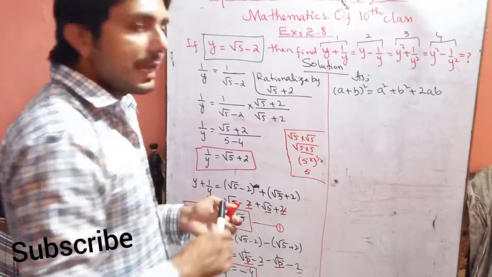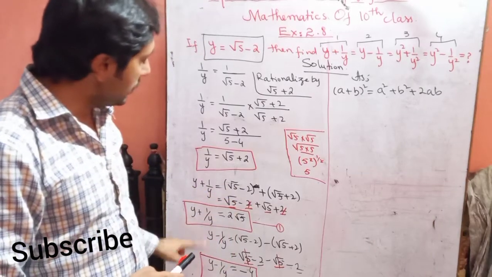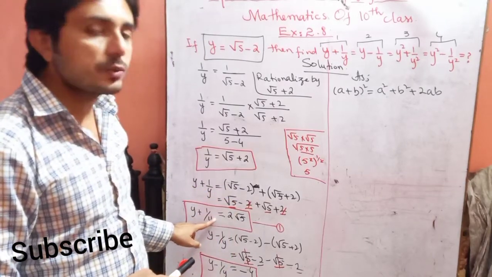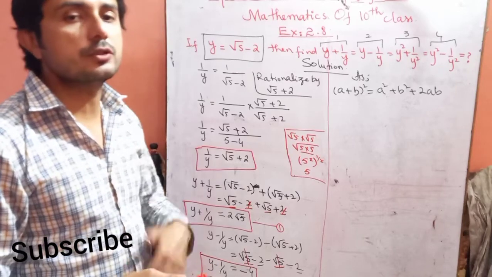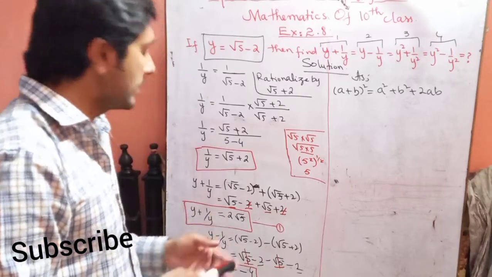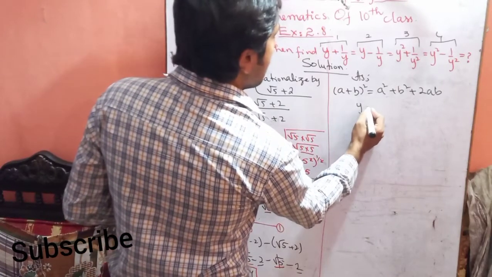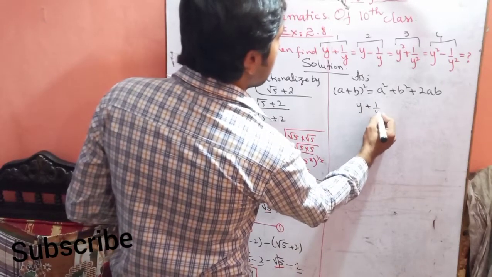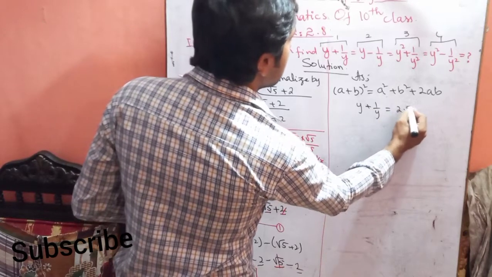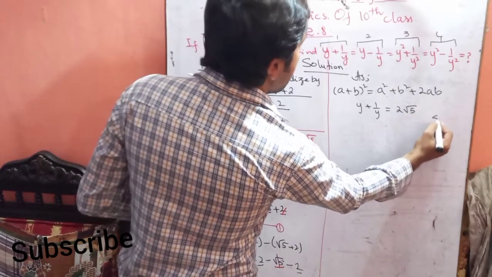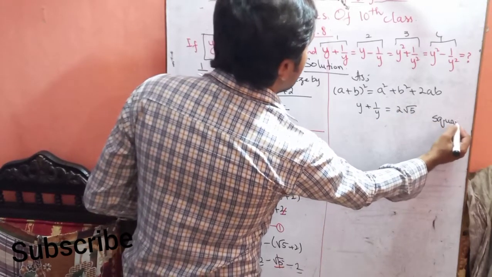So you can take any linear term out of these two equations, either the plus 1 or the minus 1, and then you are going to square both sides of this linear equation. Let's check this. y plus 1 upon y is equal to 2 under root 5. Just square it on both sides.